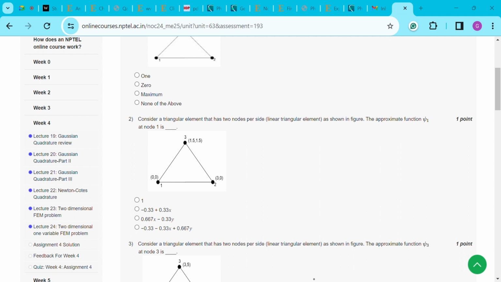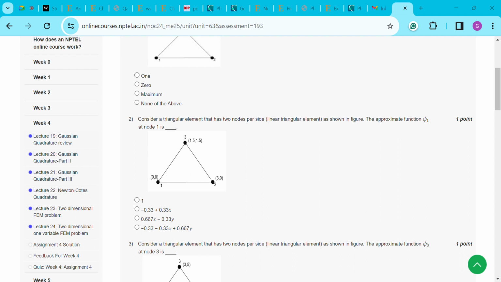If you increase the number of elements further, each element should be made zero. So by decreasing the size of the element, you can approach a better solution even with these weighted functions.